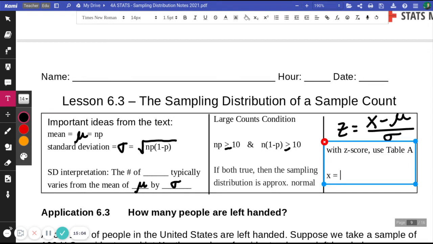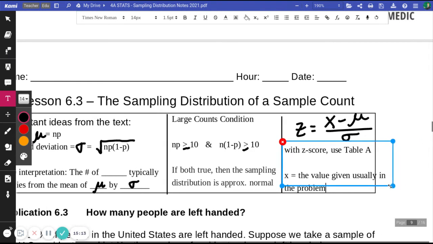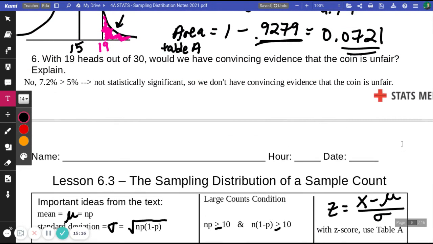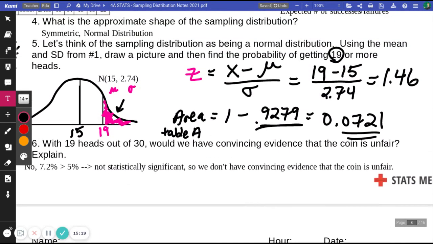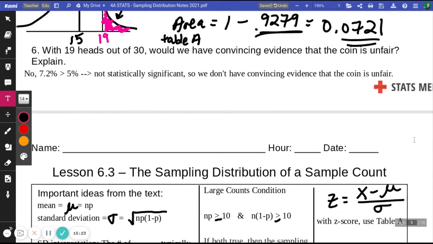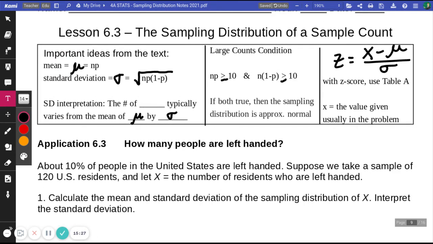And I do want to mention that x is the value given, usually in the problem, whatever we're talking about. So for the last example on the first page, it was the 19 heads out of the 30 trials. So with this, you'll go and practice on this page, application 6.3, working groups.